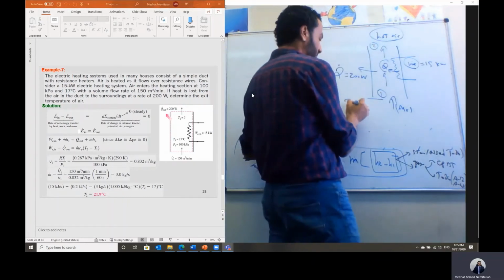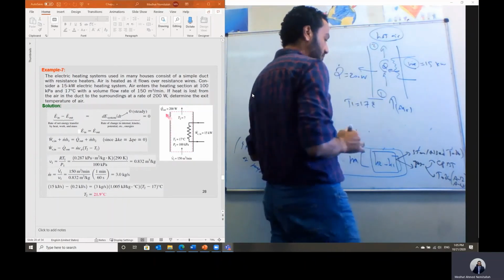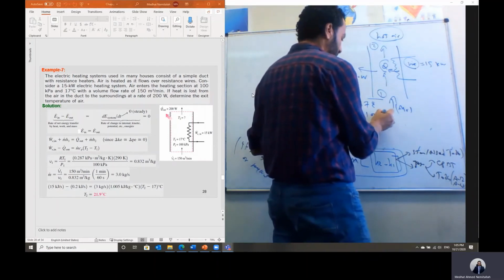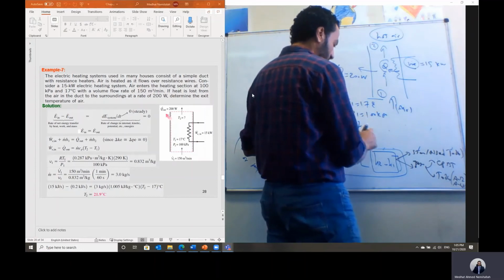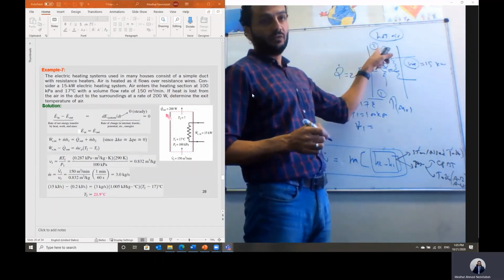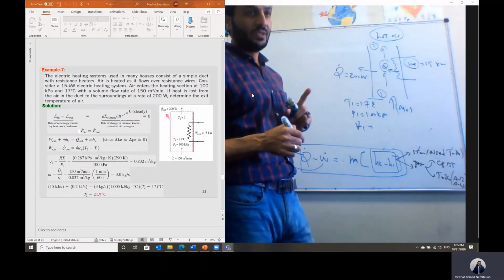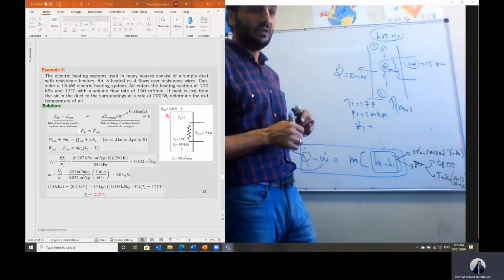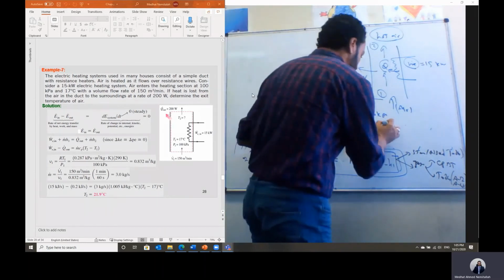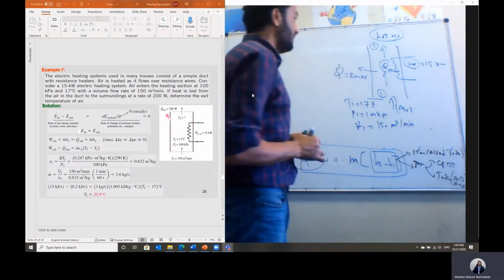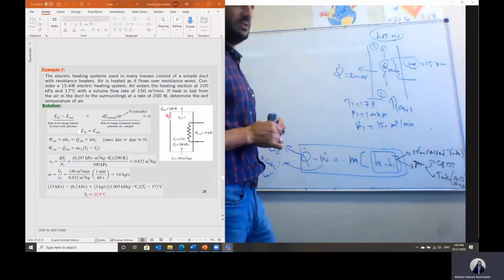He gives here the temperature T1 at the inlet, which is the room temperature, 17 degrees C. P1 is equal to 100 kilopascals, and he gave the volumetric flow rate at the inlet section. The volumetric flow rate is different from inlet to outlet. Okay, but the mass flow rate is the same. Volumetric flow rate is not a conserved property. So the volumetric flow rate is 150 meter cubed per minute. Please take care about the unit in this case.